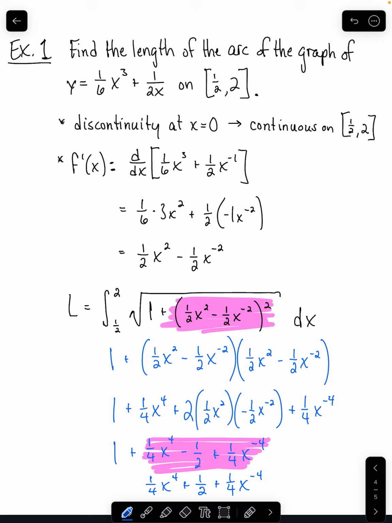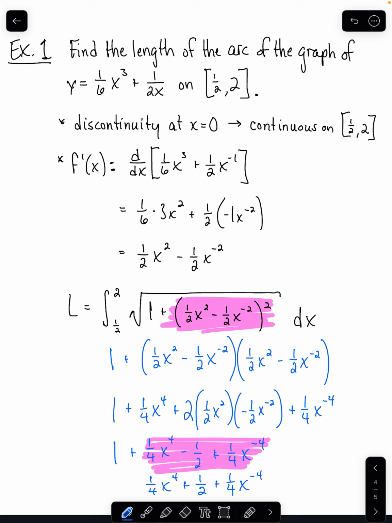And of course, by the fundamental theorem, we would evaluate this antiderivative at 2 and at 1/2 and subtract them. Cleaning this up a bit, this becomes x cubed over 6 minus 1 over 2x.